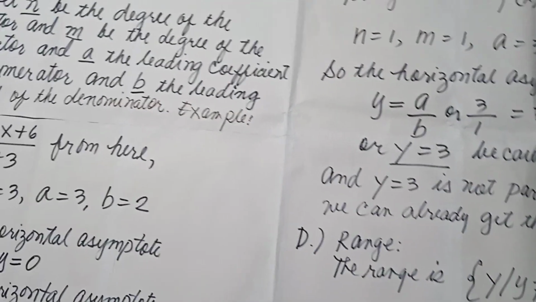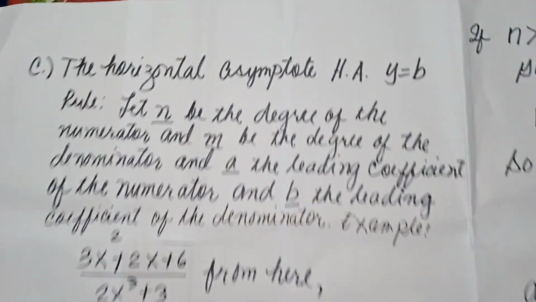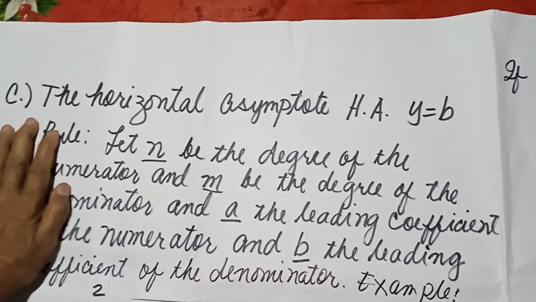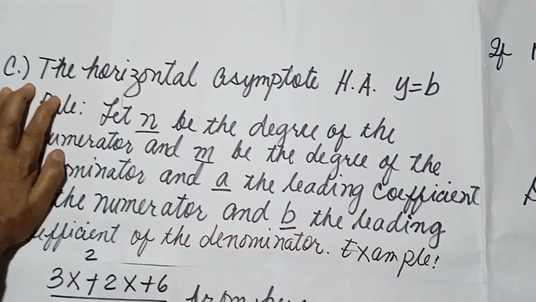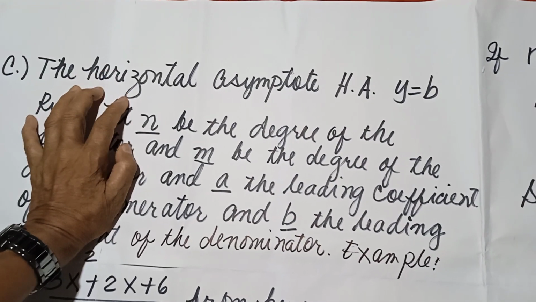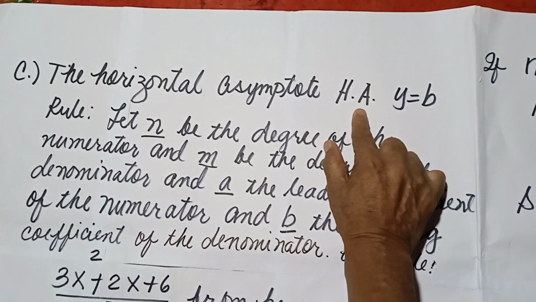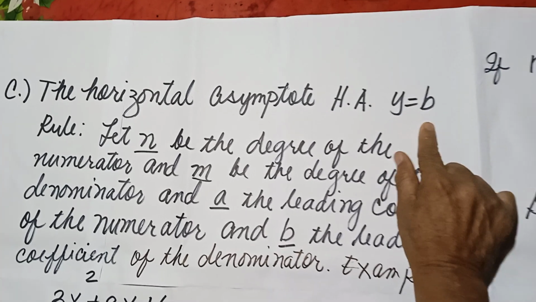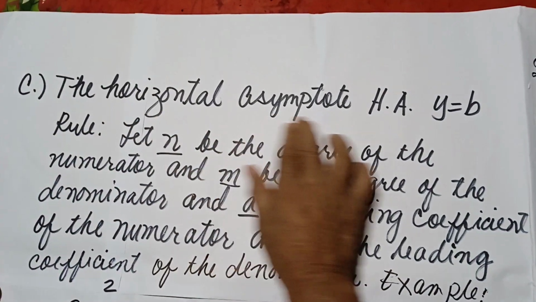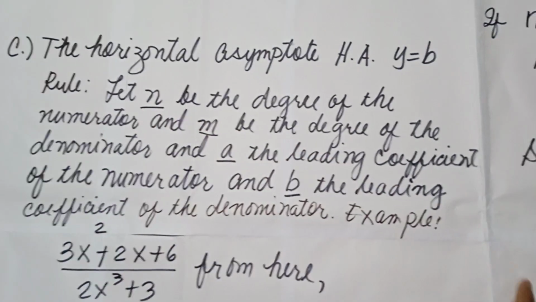Now, we'll go to letter C. The letter C is the horizontal asymptote, another attribute of the rational function, HA, or y equals b in general terms. In getting the horizontal asymptote, there is a rule.